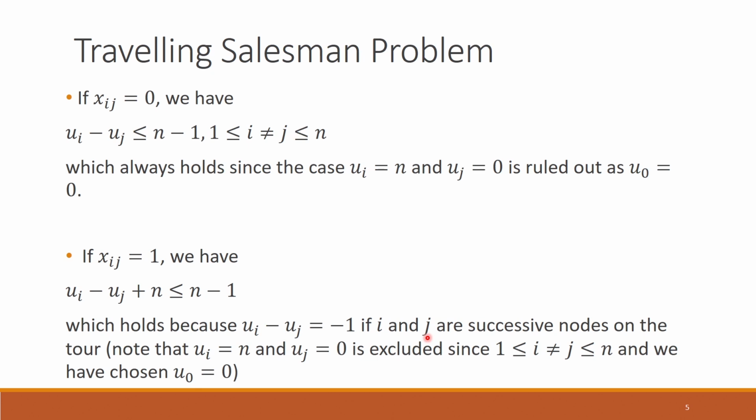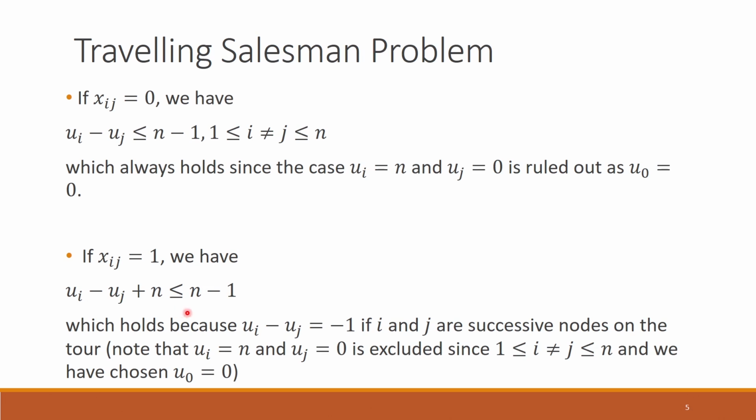Okay. But we do not need to worry about that, because uj cannot be equal to 0 for the same reason that we had given before, because here nodes i and j are not allowed to take the value 0. Okay. So, therefore, ui minus uj will always be equal to minus 1.